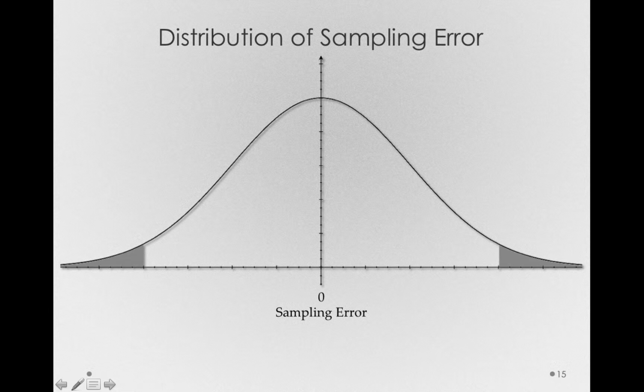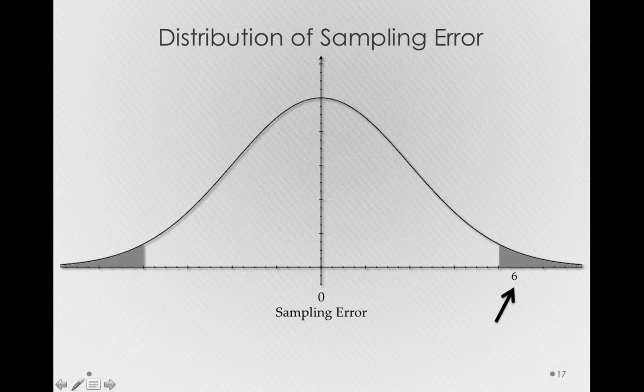And what we're going to do, the whole purpose of hypothesis testing, is to figure out, is the observed amount of difference that we found, in this case a 6-point difference, a reasonable amount of sampling error, something that's fairly central, an amount of sampling error that would typically happen, or is it a very unlikely amount of sampling error, the kind of sampling error we wouldn't observe very often?